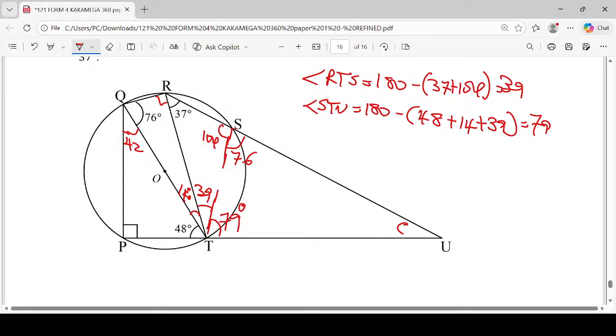After getting that, I can now get this, because to get now angle SUT, it's a triangle, so it will be again 180 minus 79 plus 76. This becomes 25 degrees.